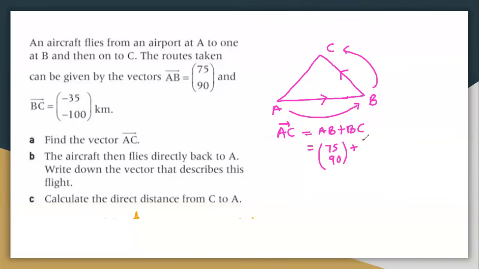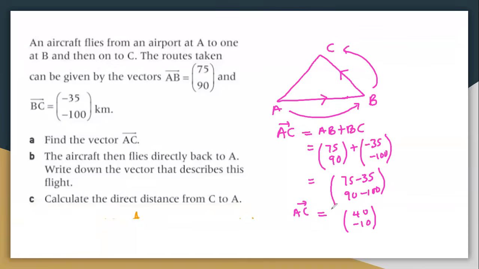Then we add negative 35, 100. Then the next step, we form one vector which is 75 minus 35, and then 90 minus 100. Then we get 40, and then 10. That's the vector SC. Okay. Units?